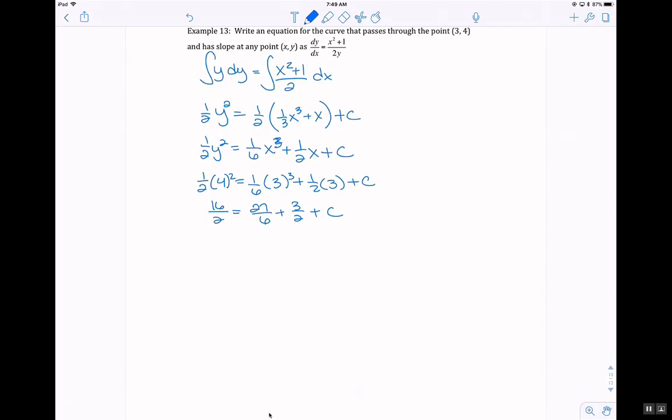So then over 6, 48 over 6 is equal to 27 over 6 plus 9 over 6 plus c. So 27 and 9 make 36 over 6, plus c. So subtract, and I'm going to get 12 over 6 is equal to c, so c is equal to 2.